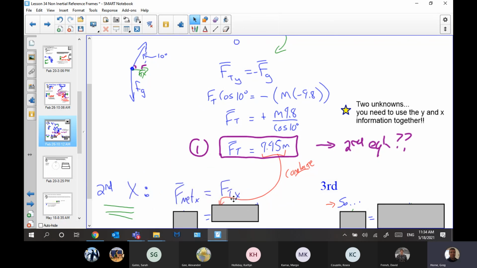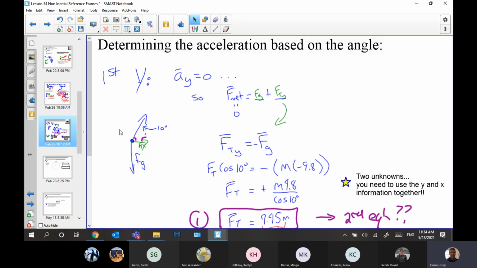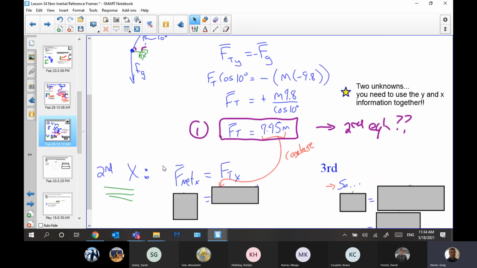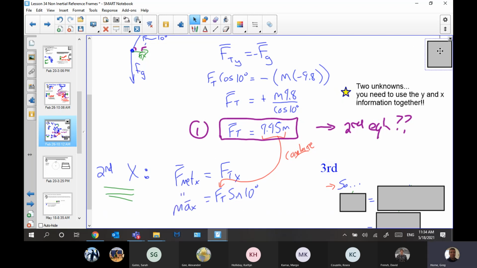In the x direction, the net force equals the only force in the x direction, which is the x component of the tension force. We've got angles and so on, so the x component is F_T sine of 10. And we know that net force is always equal to mass times acceleration.